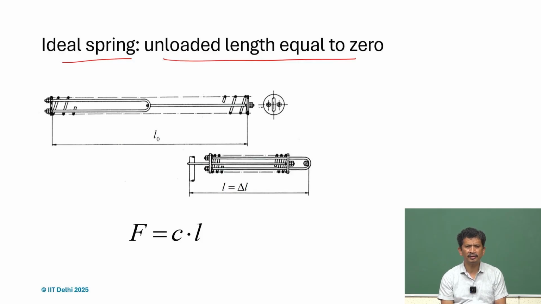But in reality, getting a zero length spring is impossible. How to get something with zero length? We have to find some tricks, and one way was to put it back and then start from 0, right?